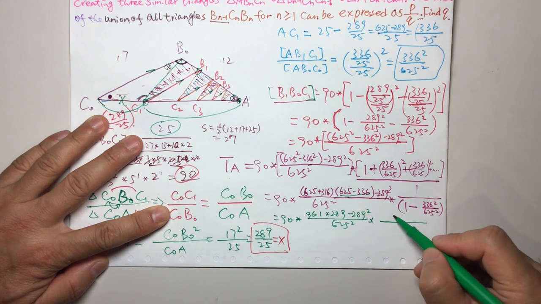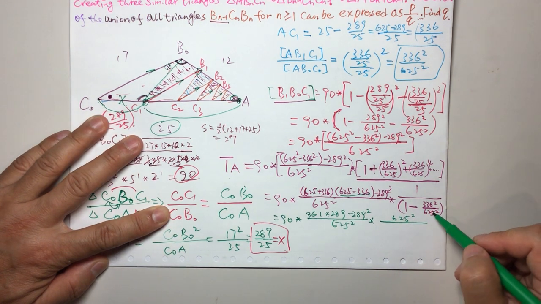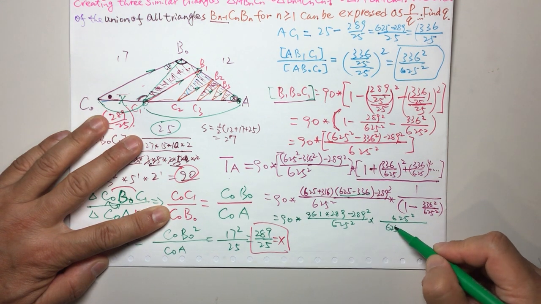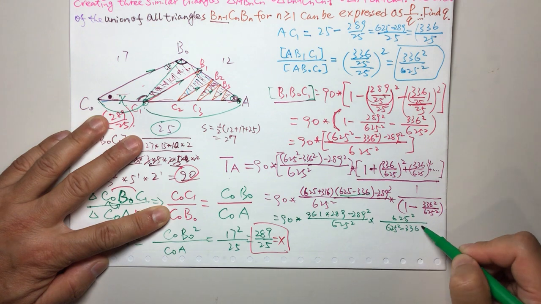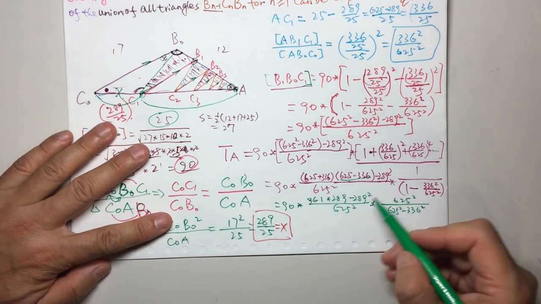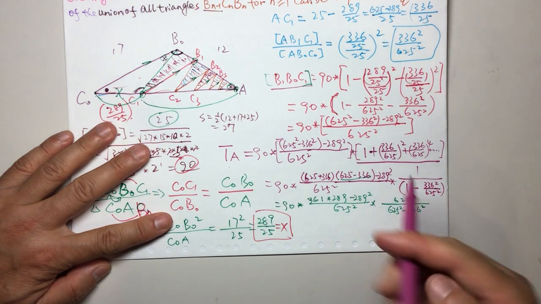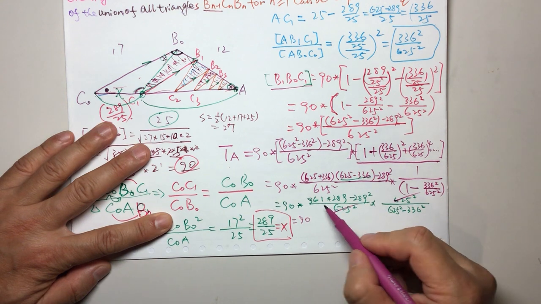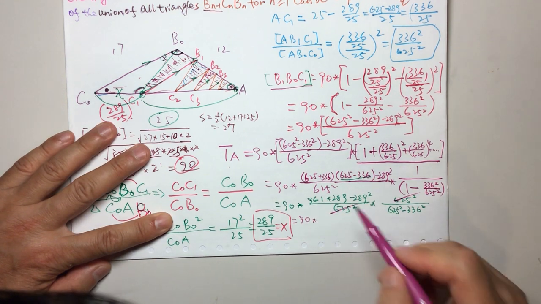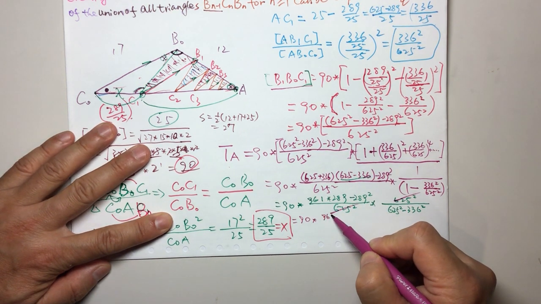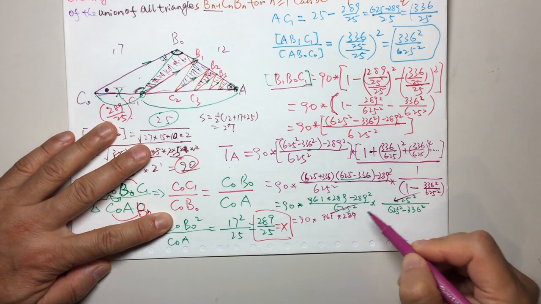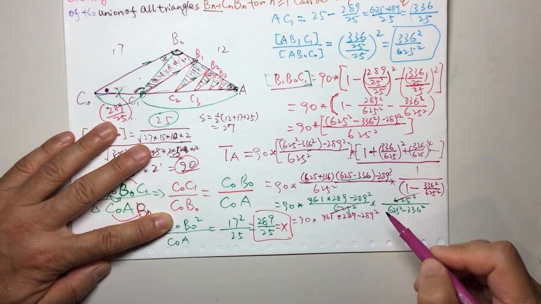This one 625, then on the top, and here is 625 squared minus 336 squared, right? Okay, we can cancel this one and this one, so it's 90 times 961 times 289 minus 289 squared.